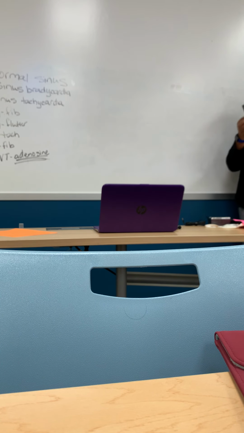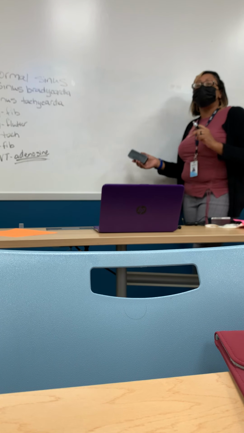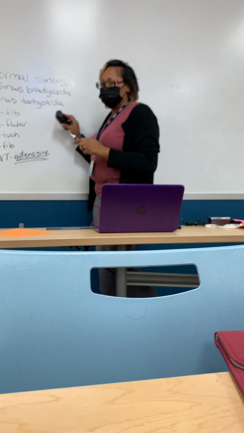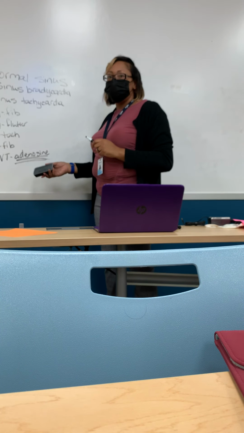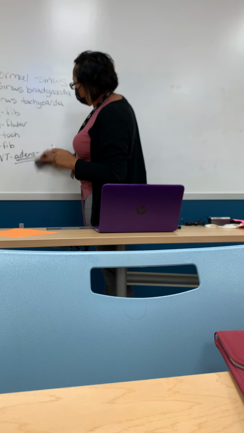Atropine. Good. If your patient has SVT, their heart rate is 168, what do we give them? Adenosine, good. We said it was going to be above 150. Okay, we're going to give adenosine.